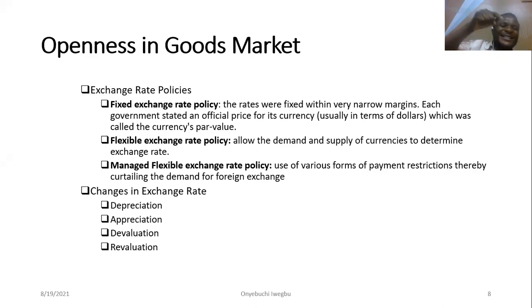In that case, that is devaluation, an increase in exchange rate. While a deliberate decrease in that exchange rate, when CBN deliberately says it's no longer 400 to a dollar, it's now 350 naira to a dollar, that means your domestic currency has gained momentum. In that case, that is revaluation.